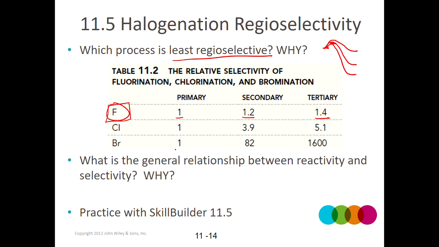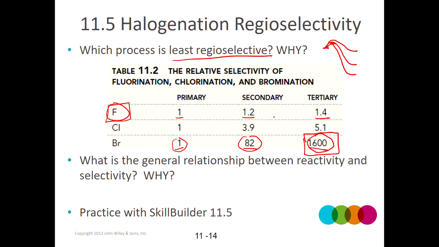And what we see with bromine is a lot of selectivity. The primary pathway is very slow compared to the secondary pathway, and especially compared to the tertiary pathway. So when there's a big energy difference in the pathways, you can selectively control at which site the bromine will end up forming a radical and then end up being connected.